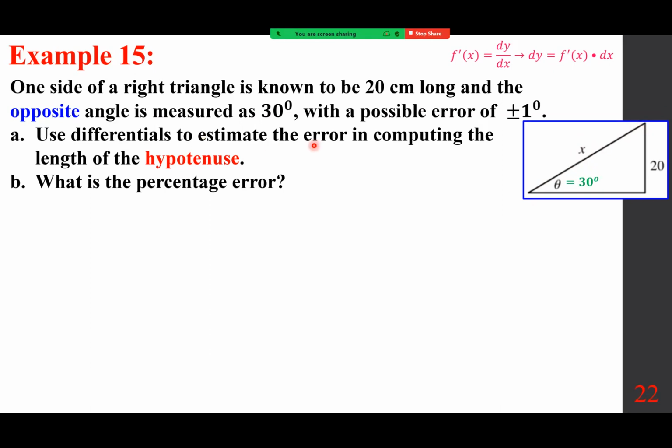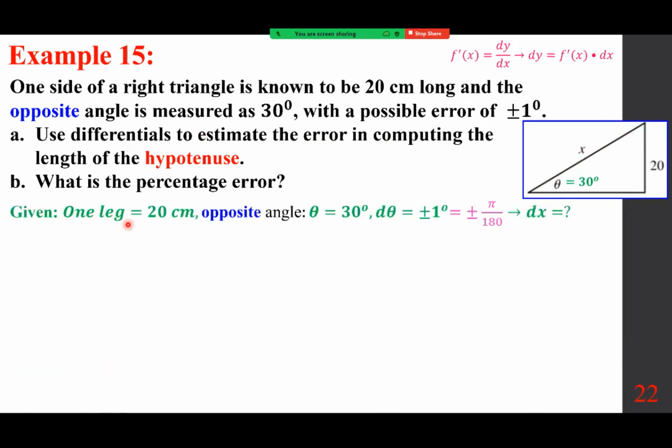Use differentials to estimate the error in computing the length of the hypotenuse. So what is given? One leg is 20 centimeters. The opposite angle, theta, is 30 degrees. The theta is plus minus 1 degree. It's specifically given in degrees, and we change it to plus minus pi over 180.